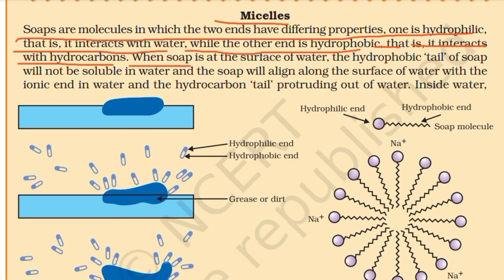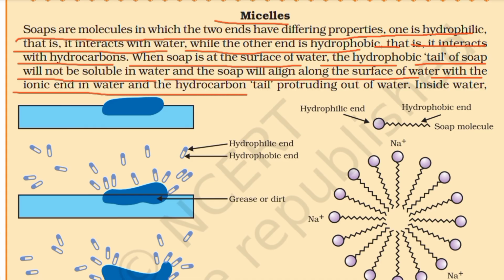When soap is at the surface of water, the hydrophobic tail of soap will not be soluble in water, and the soap will align along the surface of water with the ionic end in water and the hydrocarbon tail protruding out of water.